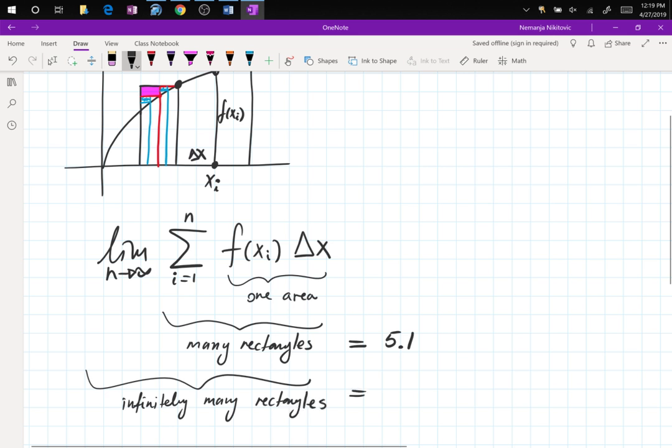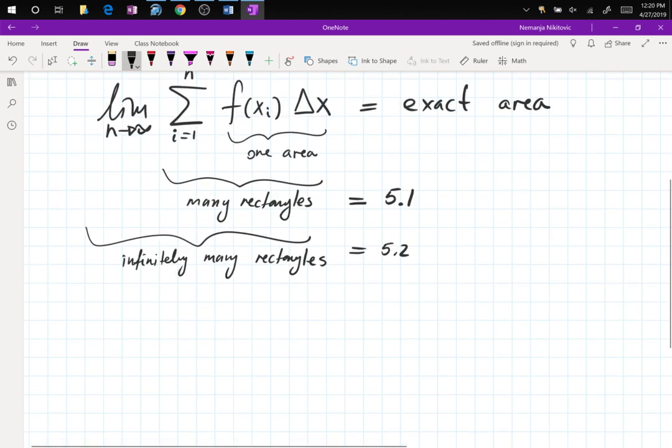And that's equal to 5.2, which is now exact area. So it's a very systematic way to build this. You start with one rectangle and you say, okay, let me add a whole bunch more, and then let me make that into infinity so we can actually have exact. So it's built in stages. But the formula is just one formula.